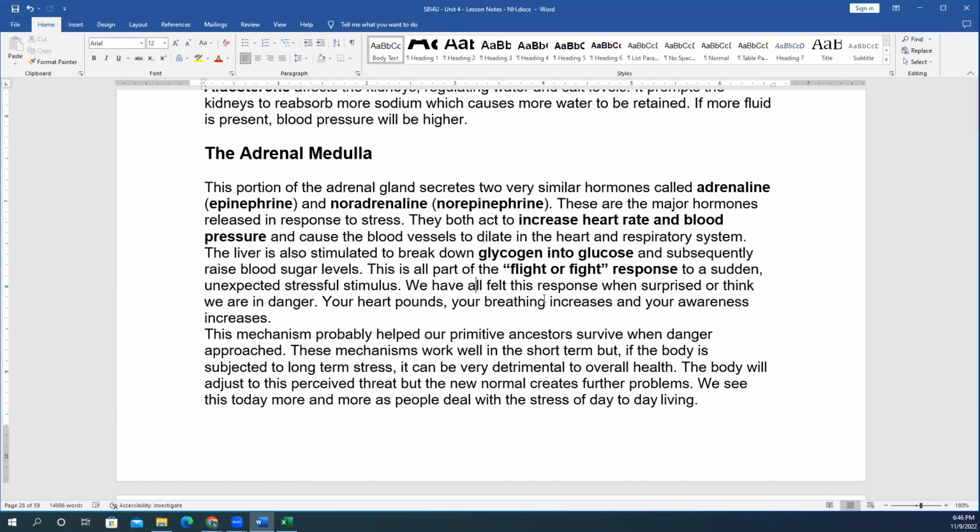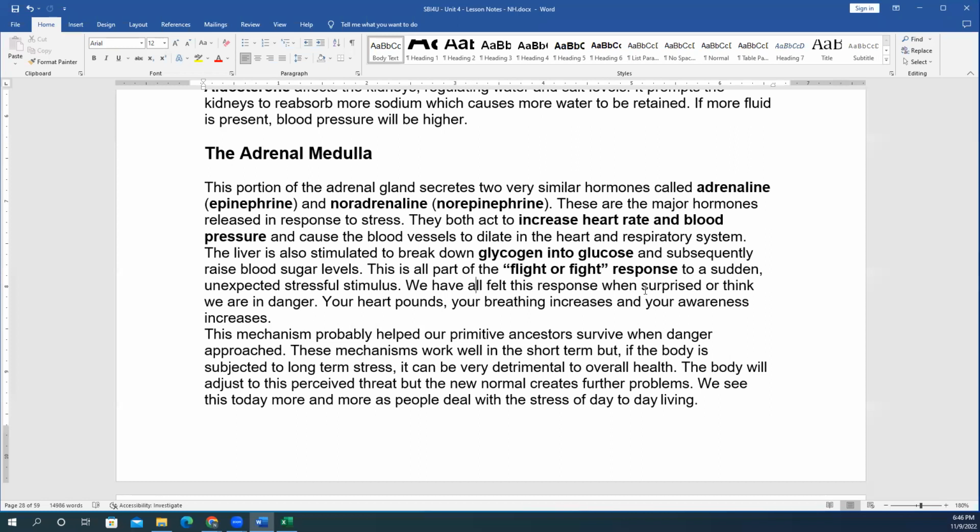So that is in response to the hormones of the adrenal medulla, the epinephrine and norepinephrine, increasing the release of glucose into our bloodstream and increasing our heart rate and dilating those blood vessels within our heart and our respiratory system, so that we can have this fight or flight response.